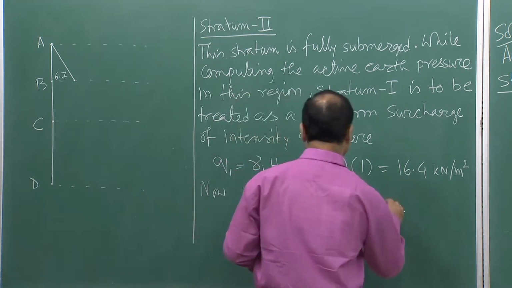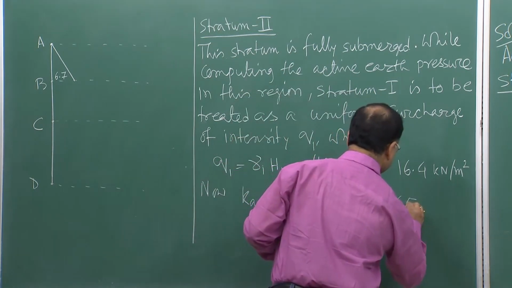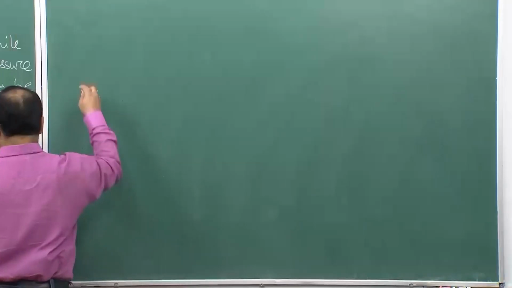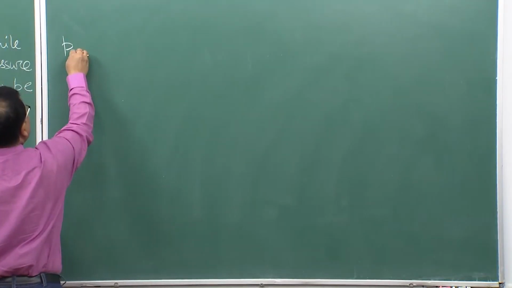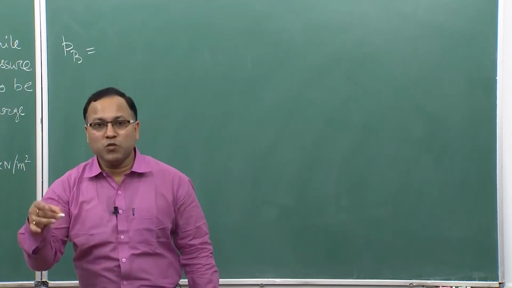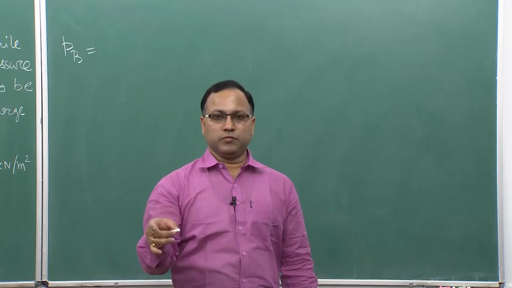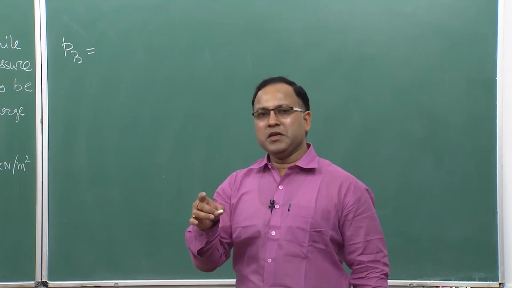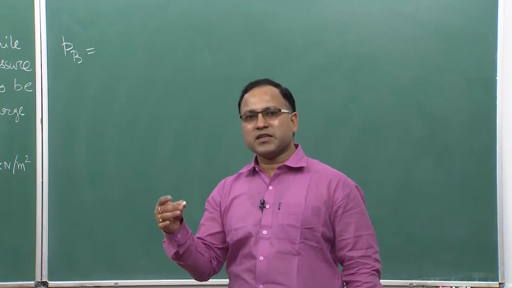It comes as 0.455. So, Pb, the active earth pressure at B, but in stratum 2. Point B is a crucial point. Point B is the interface between stratum 1 and stratum 2.